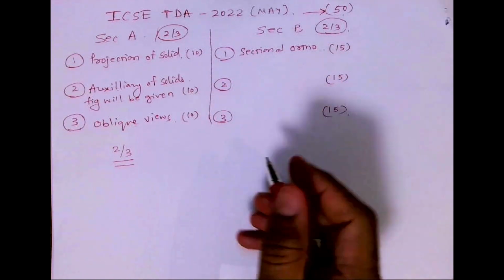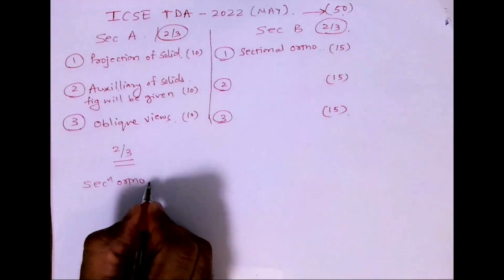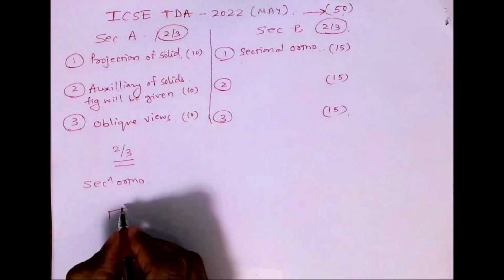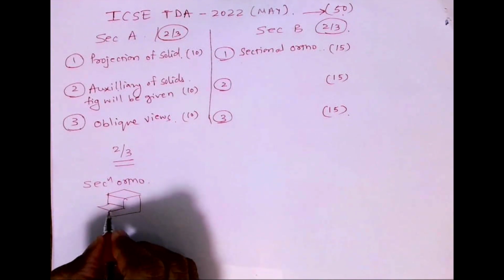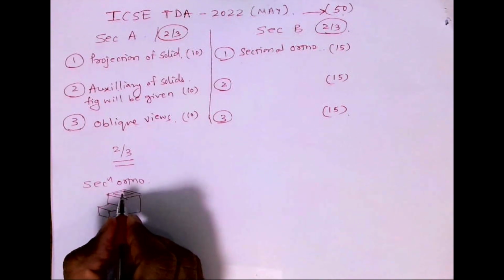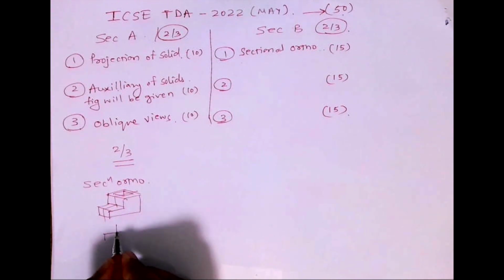Now here there are 2 types, so we need to discuss them. They will give you a 3D object and then ask you to draw the section. So this is the question and this is the answer.